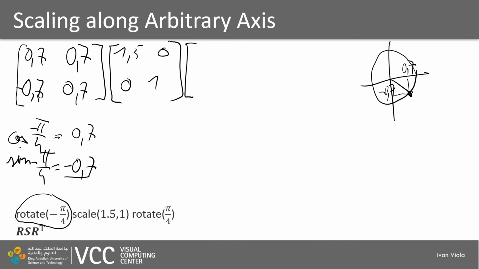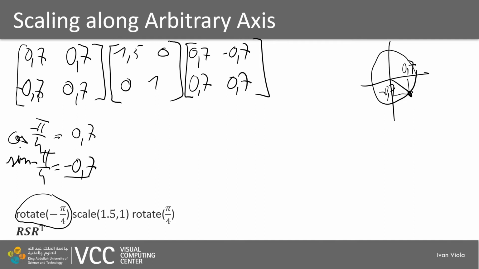Now let's have a look at the other matrix, which is the pi/4 matrix. And actually, it is the transpose matrix, as it says. So let's just try to transpose this matrix: 0.7, minus 0.7, 0.7, 0.7.